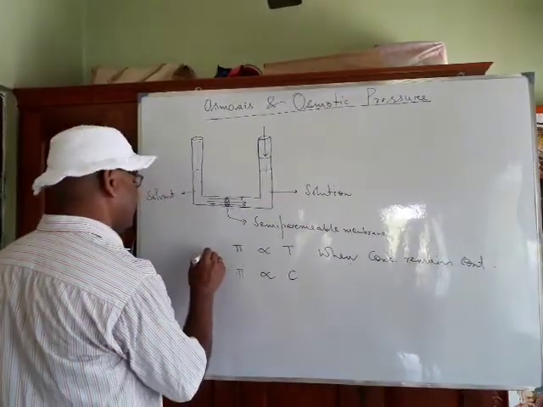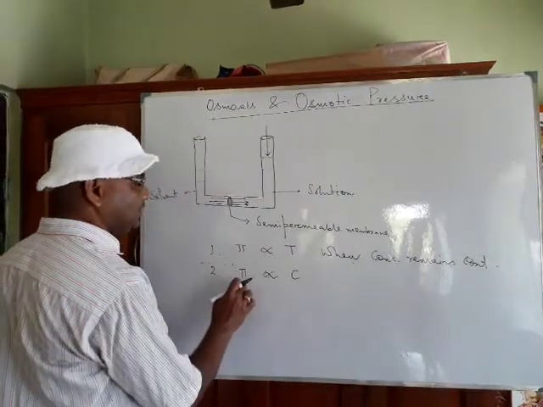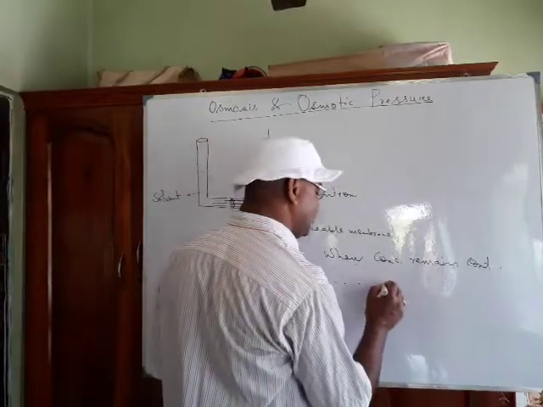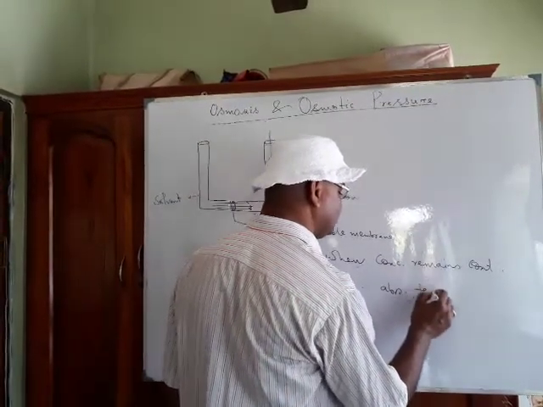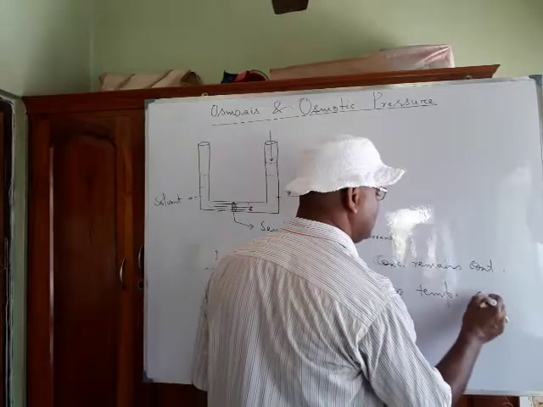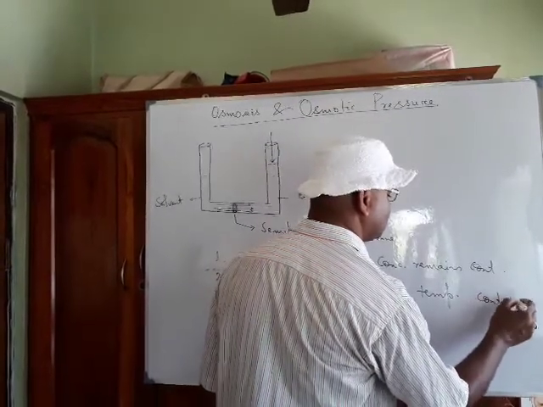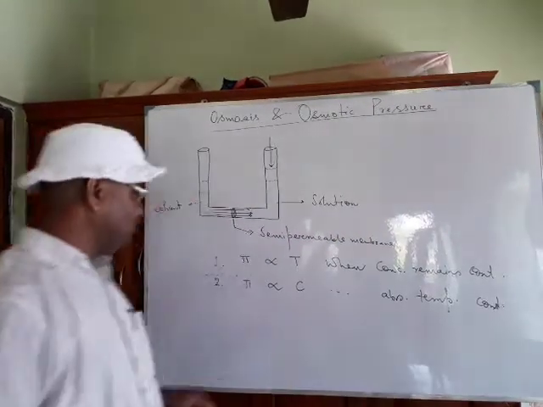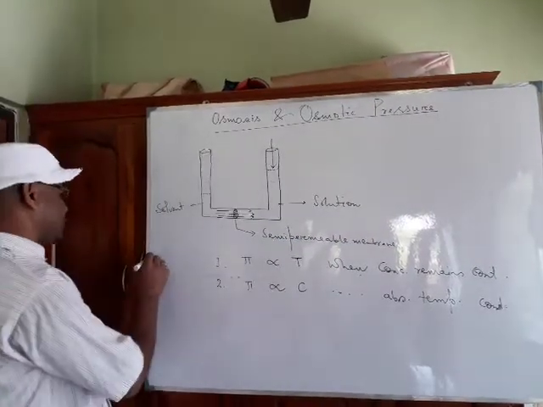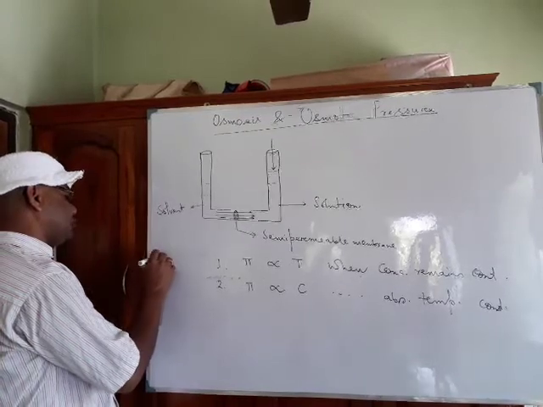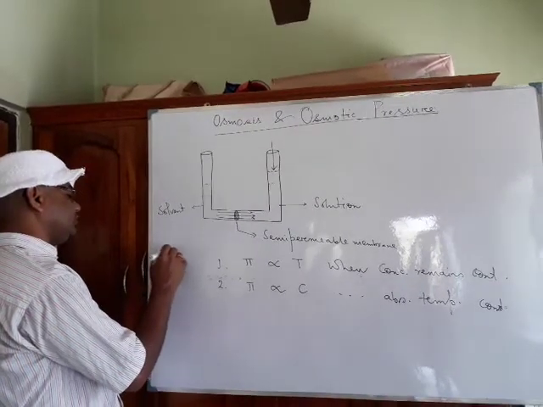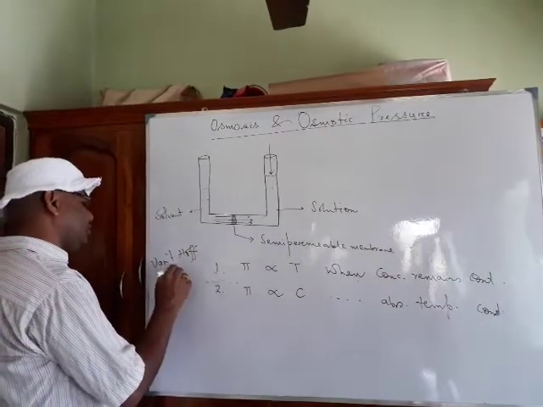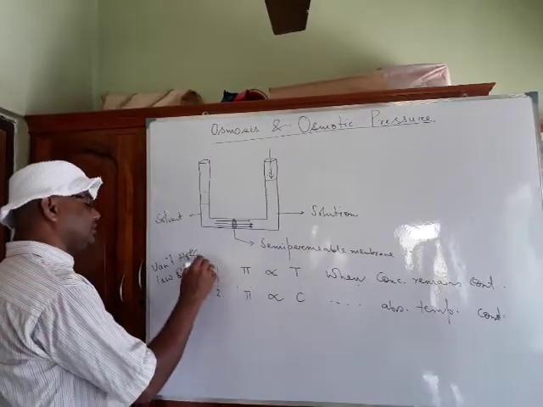Again, osmotic pressure pi is directly proportional to the concentration when absolute temperature remains constant. This is according to Van 't Hoff's law of osmotic pressure.